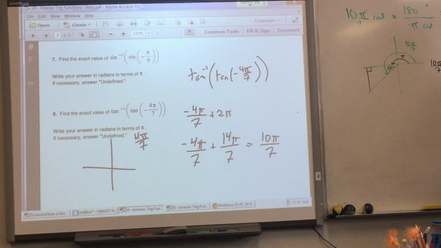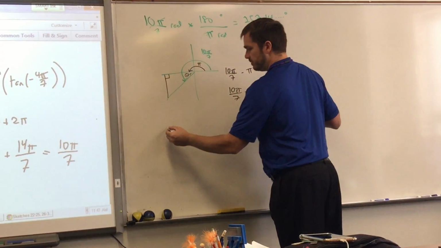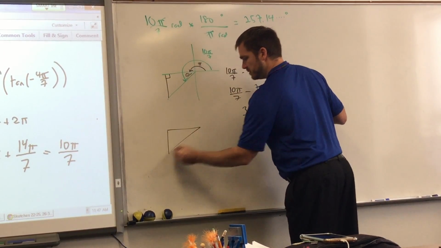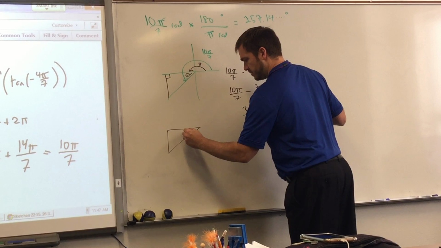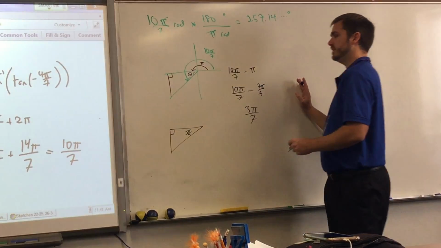Agreed? Okay, so 10 pi over 7 minus 7 pi over 7. 3 pi over 7 is this angle right here. We have a 3 pi over 7, is my angle right there.